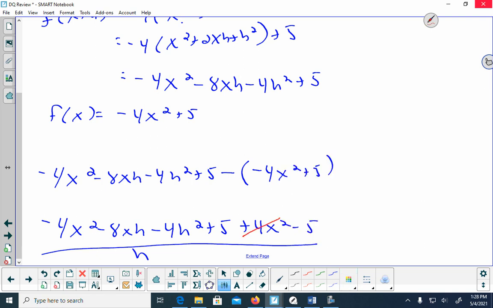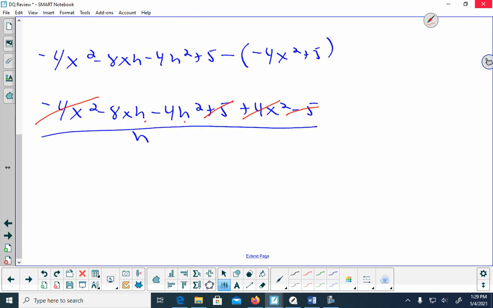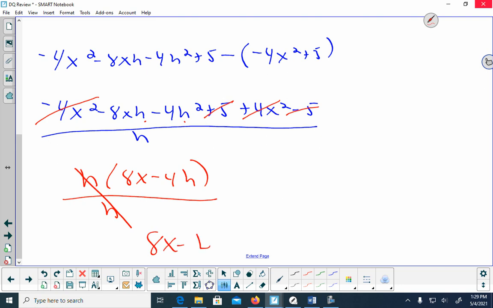The negative 4x squared and the 4x squared will equal 0. The 5 and the negative 5 will equal 0. These both have an h. I'm going to factor out h. The h's simplify. My final answer is 8x minus 4h.